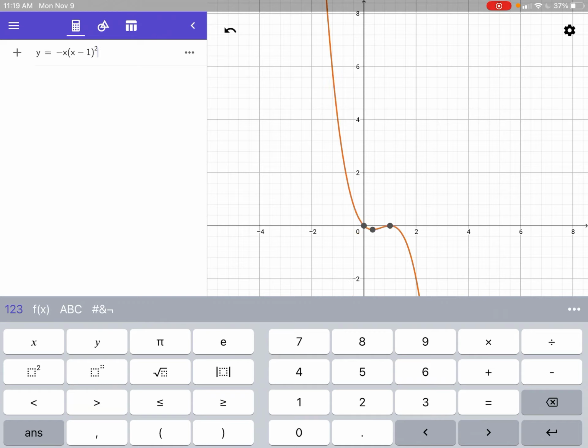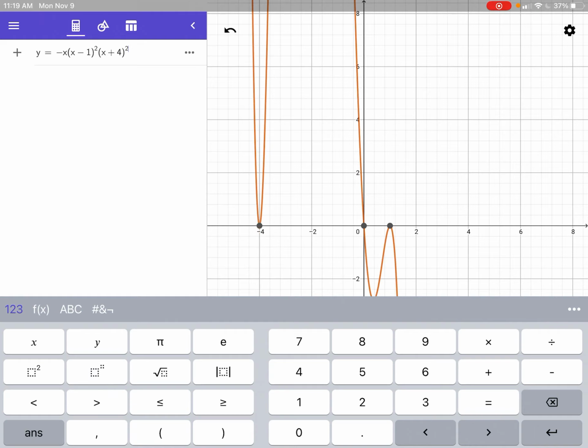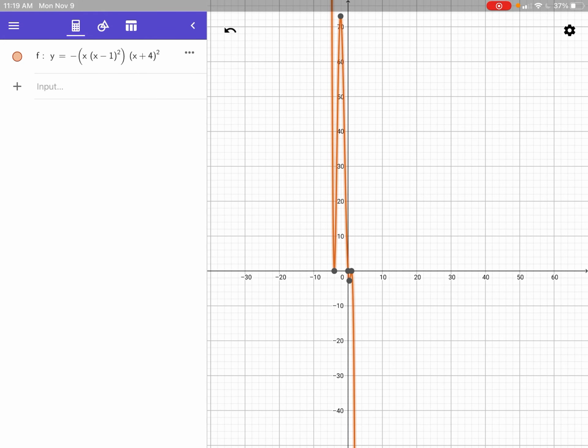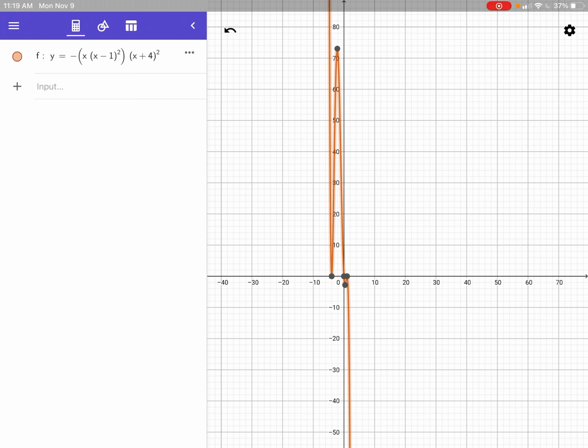Okay, and then we move over to get out of the exponent, parenthesis, x plus 4, and then square that. Alrighty, hit enter. Let's zoom out here, and now you could see why I didn't want to see those numbers.